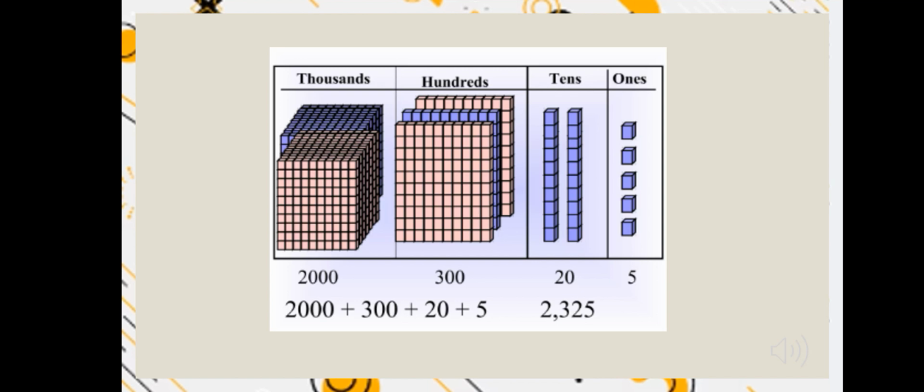So 2 huge big blocks are going to be equal to 2000 blocks. So when we add them together, starting from your extreme right, we have 5 ones, 20 tens, 300 hundreds, and 2000 thousands. So we are going to write them like 2000 plus 300 plus 20 plus 5, which is going to give us a total of 2325.